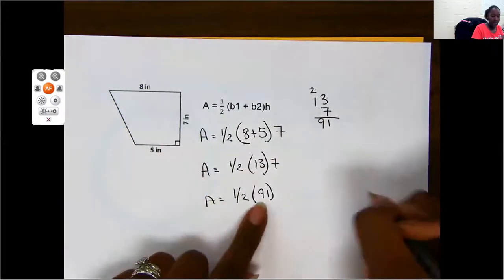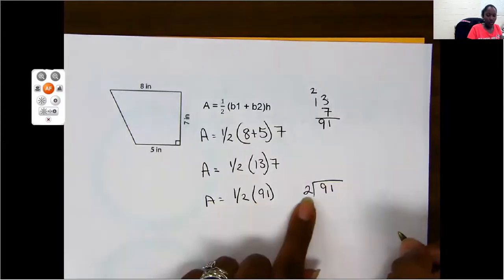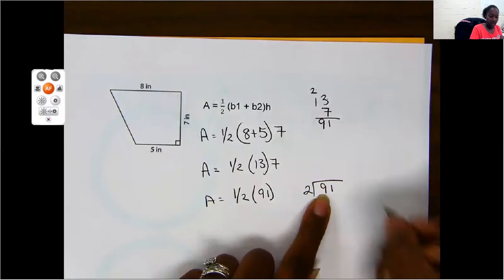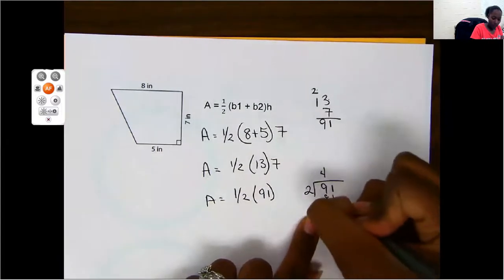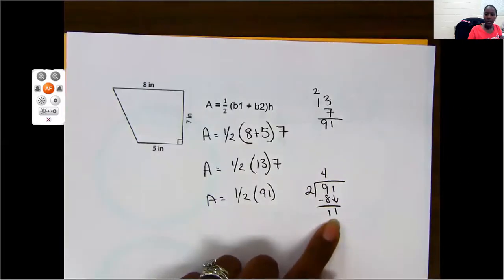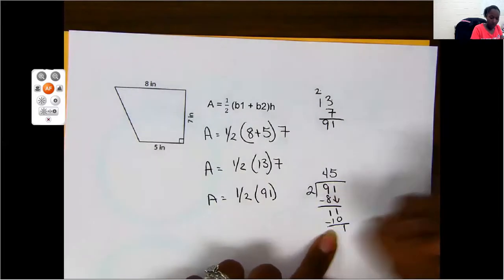In order to take half of this, I need to divide by 2. 2 goes into 9 or close to 9 4 times, with 1 left over. 2 goes into 11 or close to 11 5 times, with 1 left over.